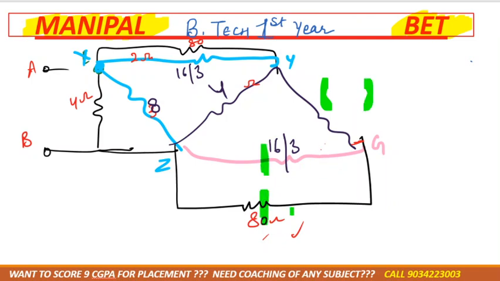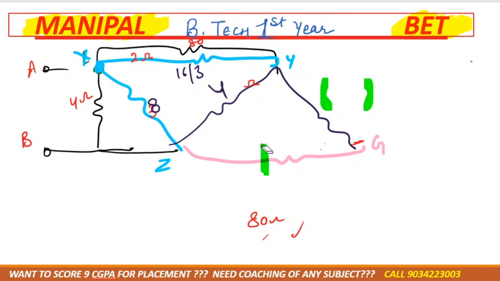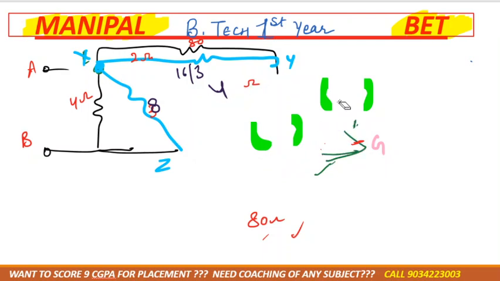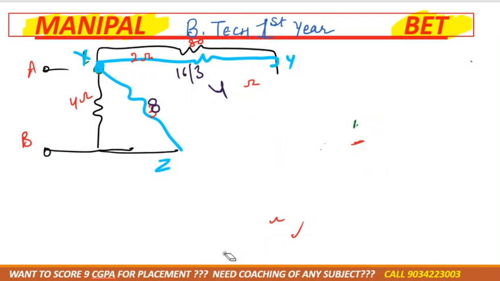Now this resistance and this resistance are again in parallel. So that will again be combined into a single resistance, right? Again, I don't know the value after combining. So these two resistances are in series now, then they'll add up into a single one.